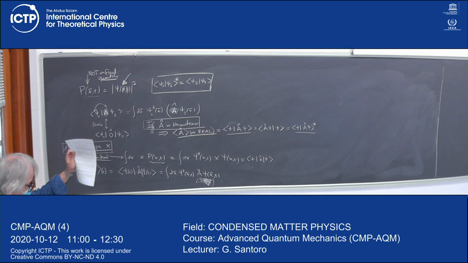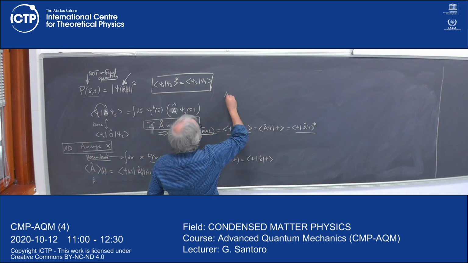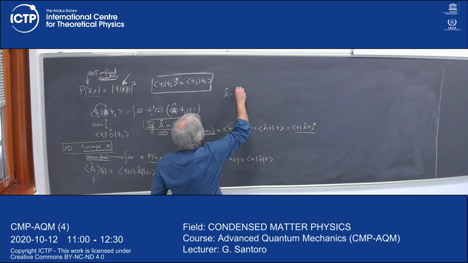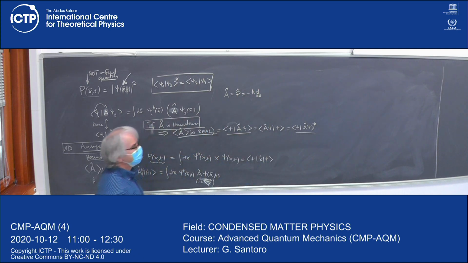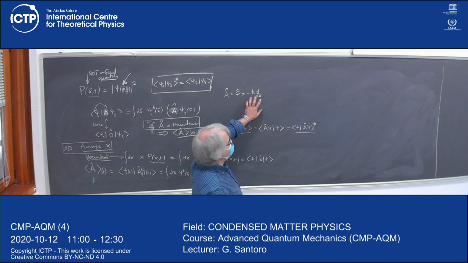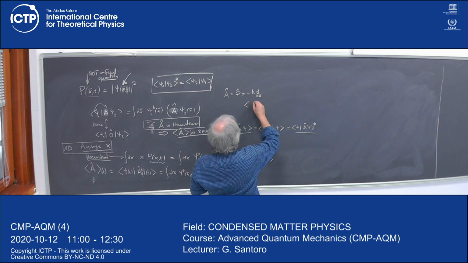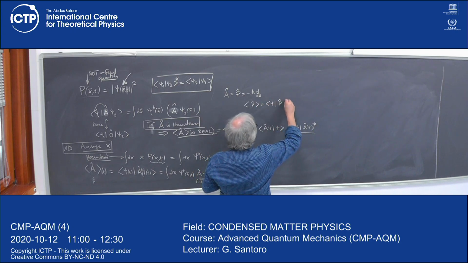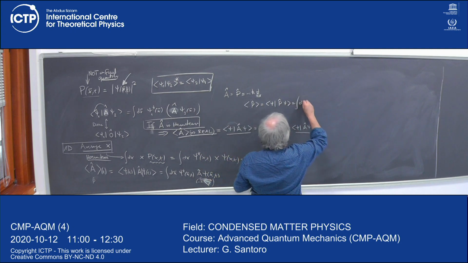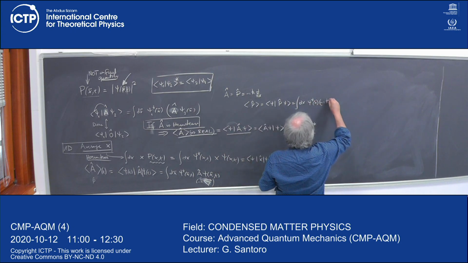Then I propose you the following fact. Consider as operator A in one dimension, say the momentum, which is minus i h bar, the derivative with respect to x. Okay? And there is a small exercise that lets you appreciate that if I calculate the expectation value of P, which again is psi P psi, or written explicitly in one dimension, is the integral of psi star of x, minus i h bar, the derivative of psi of x.